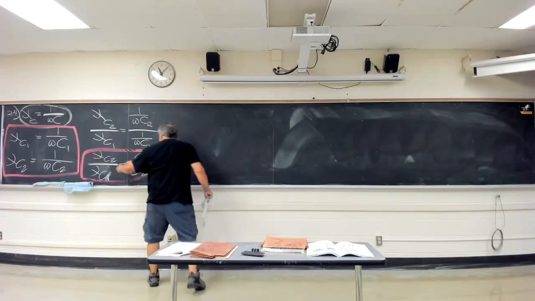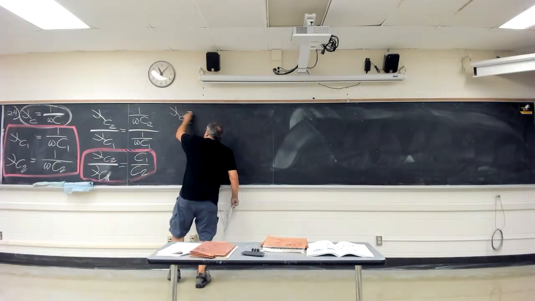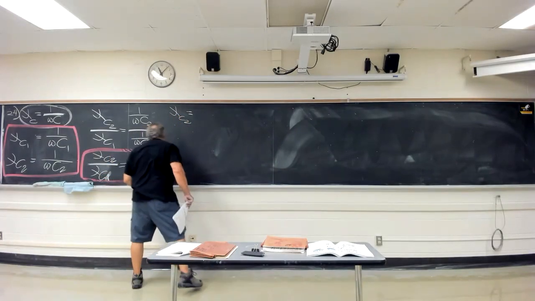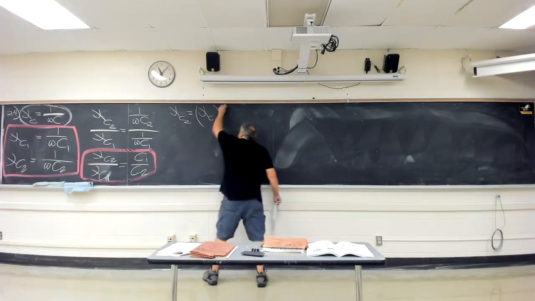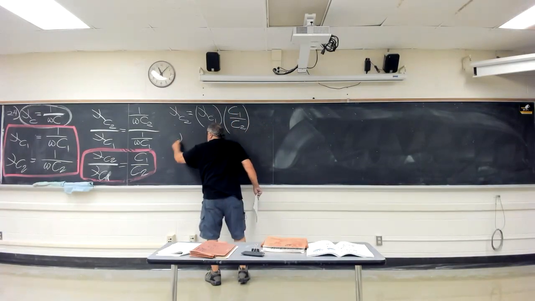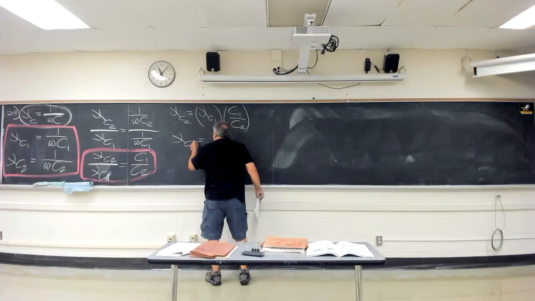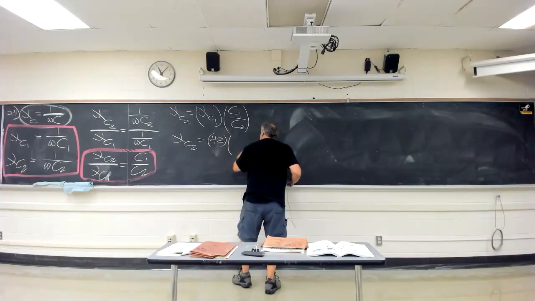We're going to find the capacitive reactance of the top one, X sub C2, by multiplying X sub C1 on each side times C1 over C2. X sub C1 we found to be 42, they told us, the one associated with the 47.